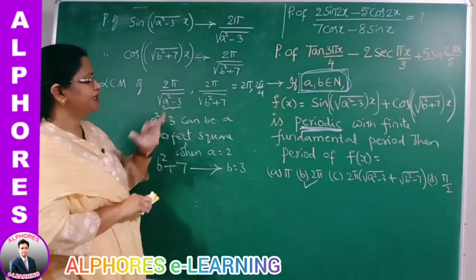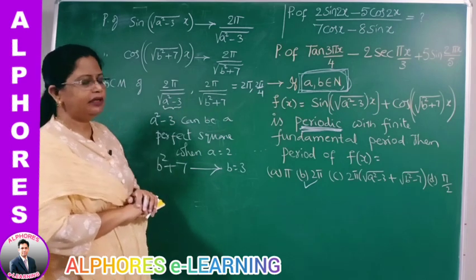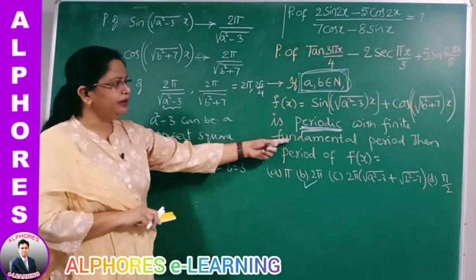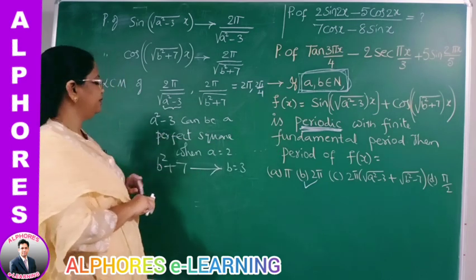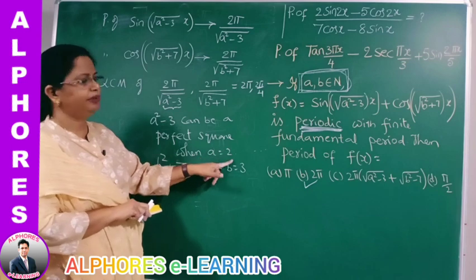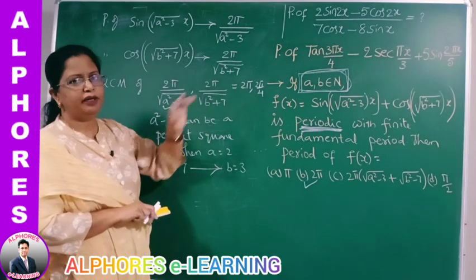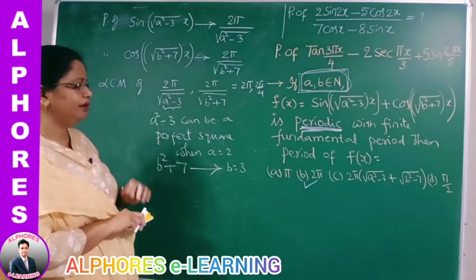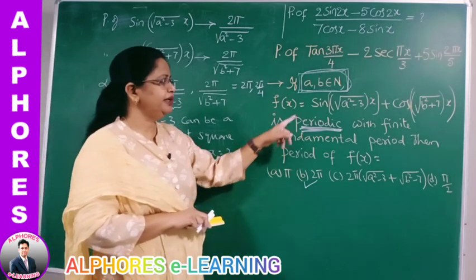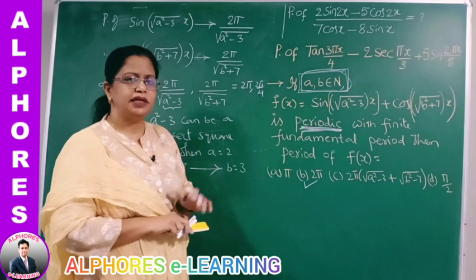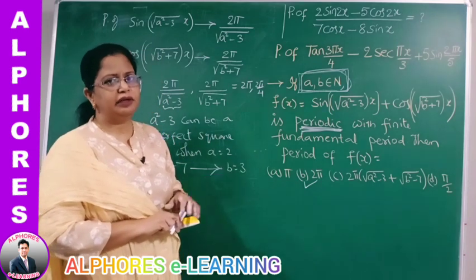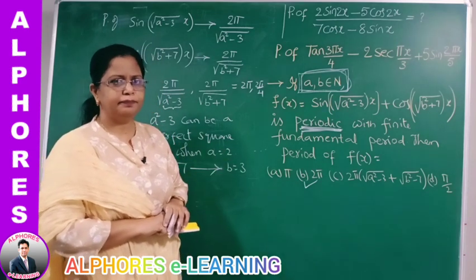As they are perfect squares, a and b are natural numbers, and they require the fundamental period, we have taken a equal to 2 and b equal to 3. If you substitute, you get 2 pi and pi by 2, whose LCM is 2 pi. Therefore, students, these kinds of observations are very important while solving period problems. Okay.